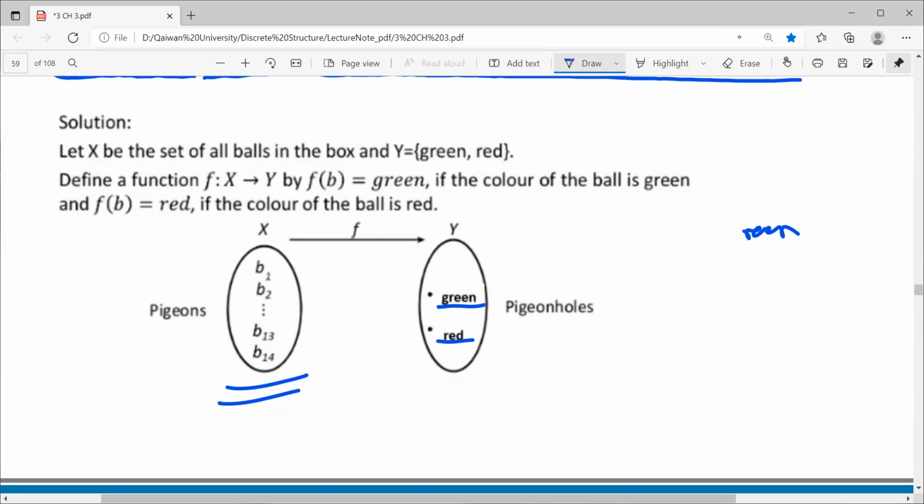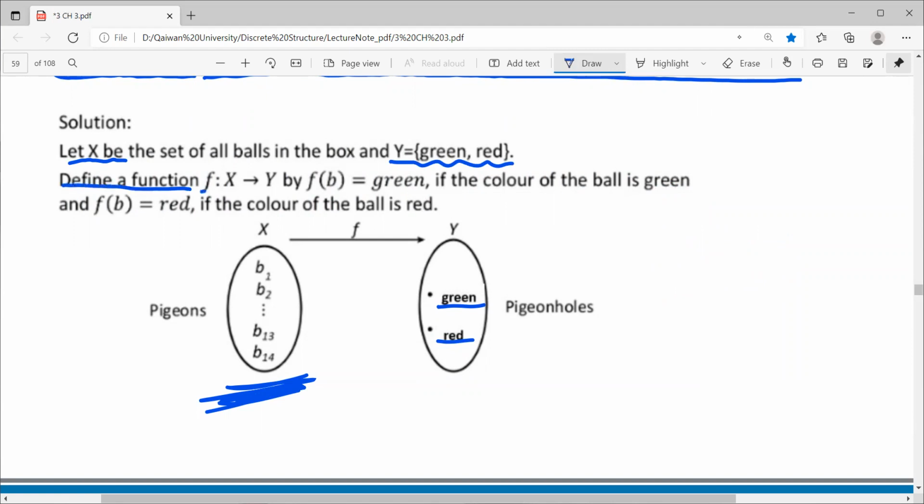Now we solve it. For the solution, we set X to be the set of all balls. Here we have 8 green and 6 red, that means we have 14 balls. And Y is the set of colors. We have two different colors, green and red.